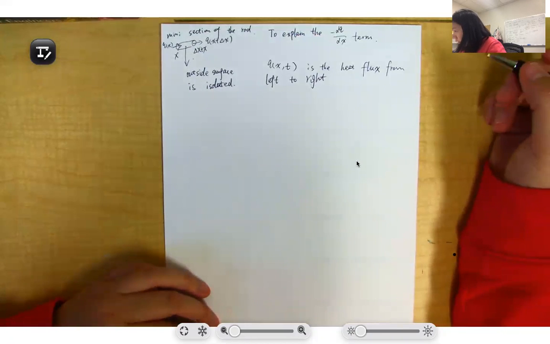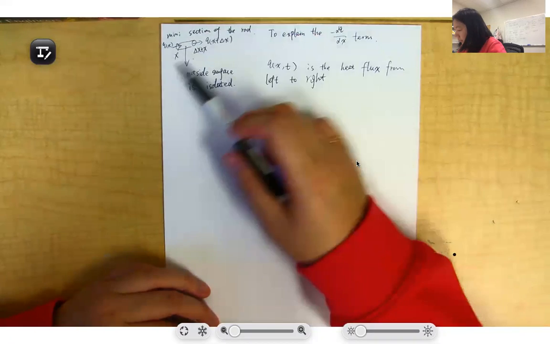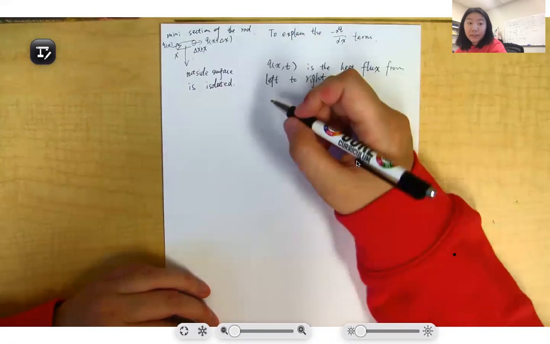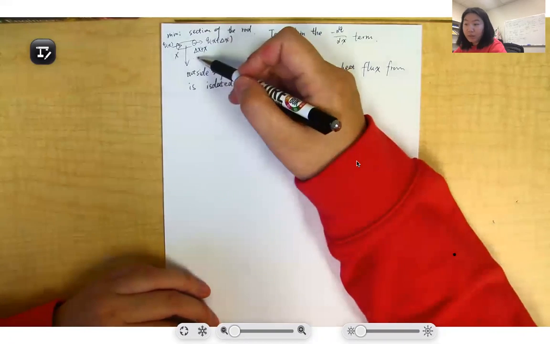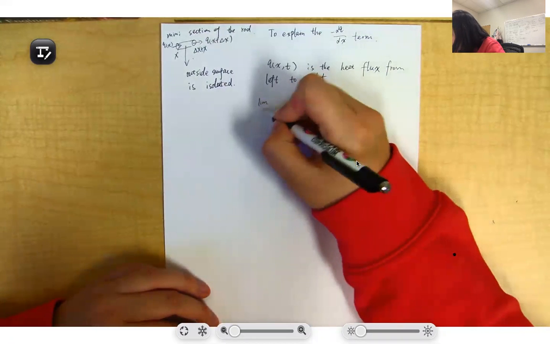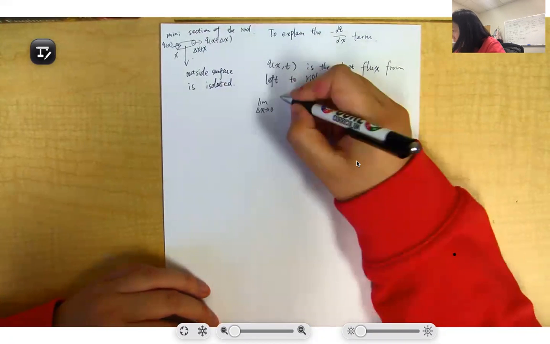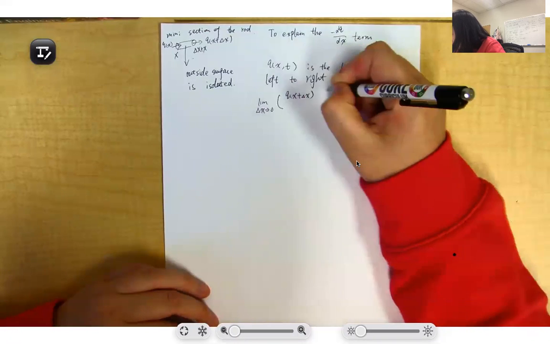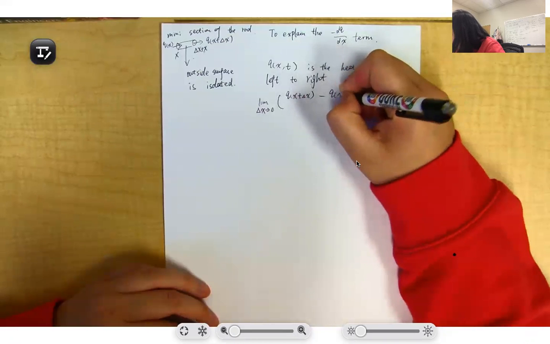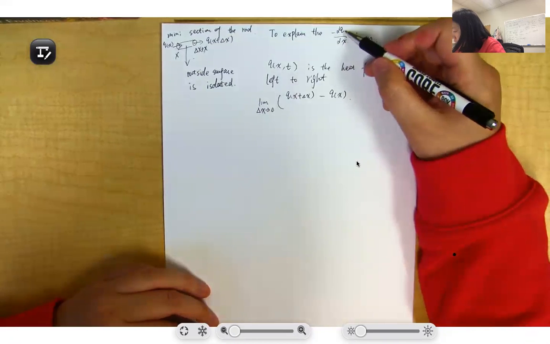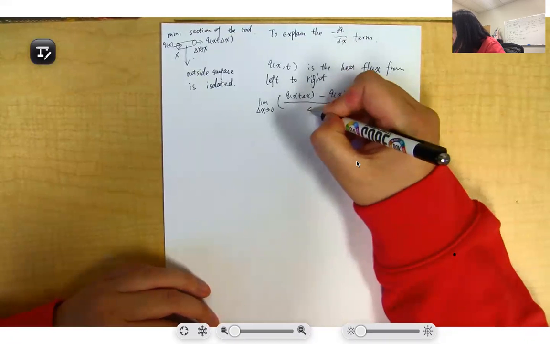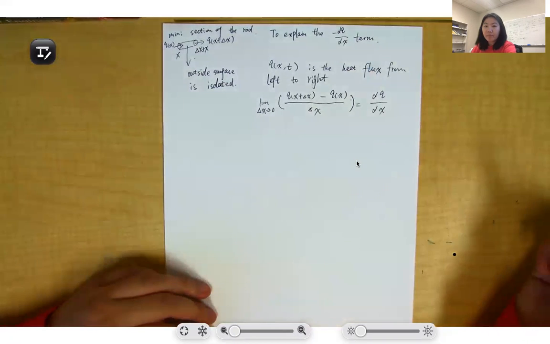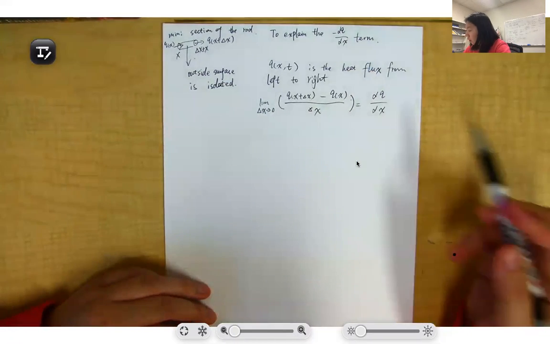So when you have the heat flux, you can see the difference basically between the right and the left. When the x is really small, so this delta x is really small, so that is the limit. When x is really small, the difference between the outlet x plus delta x minus qx, over delta x, that is equal to dq over dx. Okay, that is the dq over dx.